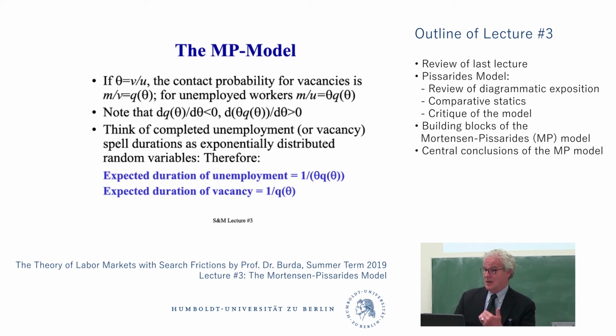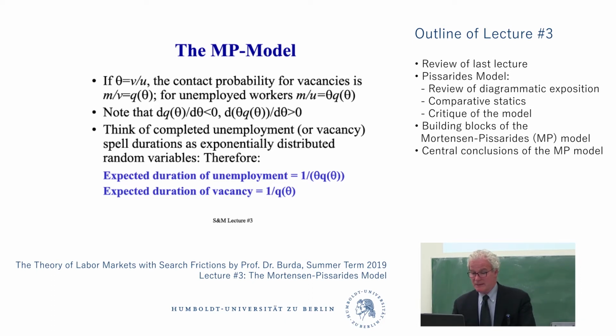Nothing changes by being a long-term unemployed person. In reality, it might affect your exit probability. But in this particular case, it's easy to show, and we will show it formally in a couple of weeks, that the expected duration of unemployment is the inverse of the finding rate. And that's true either in continuous time or in discrete time.